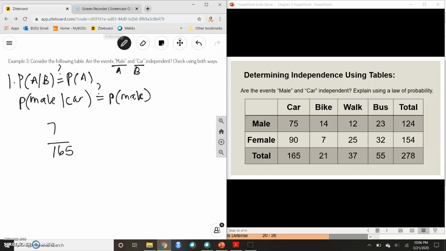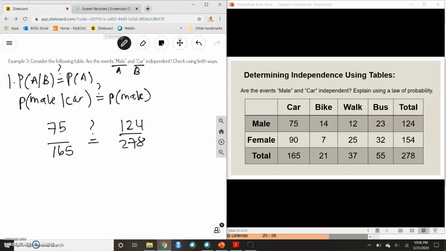So that becomes our numerator. Is this fraction equal to probability of male? Again, we know how to find the probability of being male. That's just going to be 124 out of the grand total. So there's 124 male out of the 278 students that were recorded in this table.